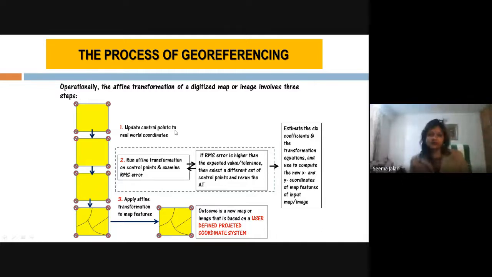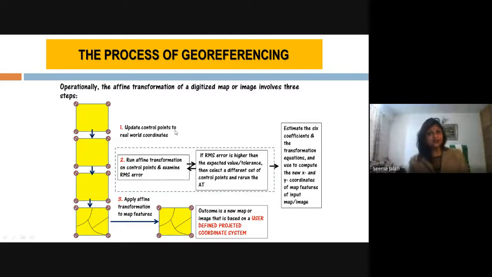Everybody may not have access to the new topo sheets, but the old topo sheets are there in most of the departments and offices. So suppose you are preparing some data for Indore, and you get the topo sheet of Indore. You must first find out what the coordinate system and the datum are, and whether the coordinates written on the topo sheet are in GCS or in PCS.